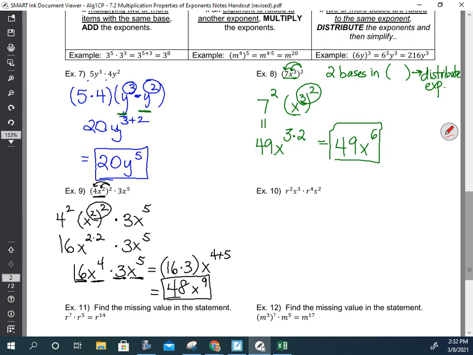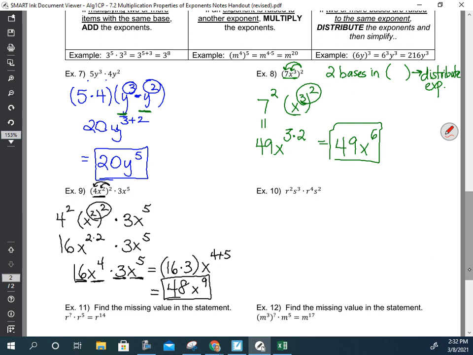Let's do example 10. Last example. Do you have any parentheses? No parentheses. So we don't have to worry about multiplying the exponents or distributing. All you have to worry about is adding.